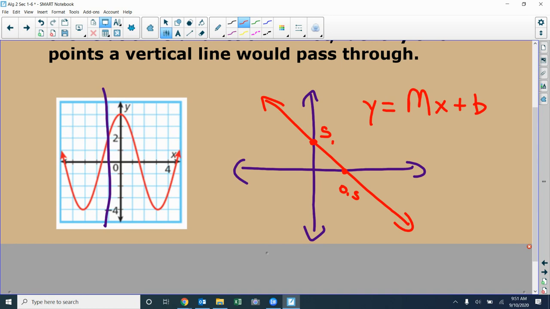So this would be 5, 0, and this would be 0, 5. Slope would be 1, so this would be y equals x plus 5. Now, we'll be getting into linears in chapter 2, which is mx plus b. What you had in algebra 1 should be pretty easy for you.